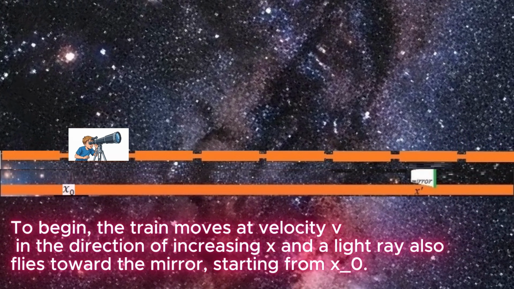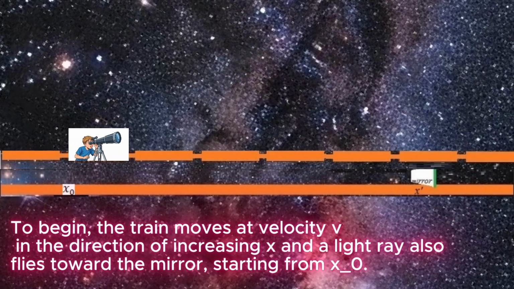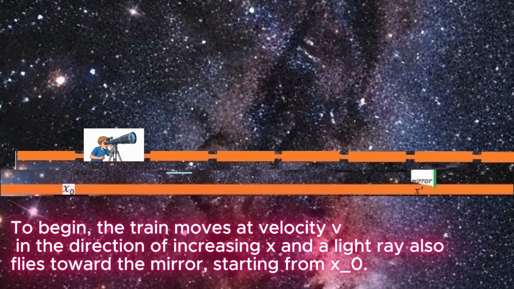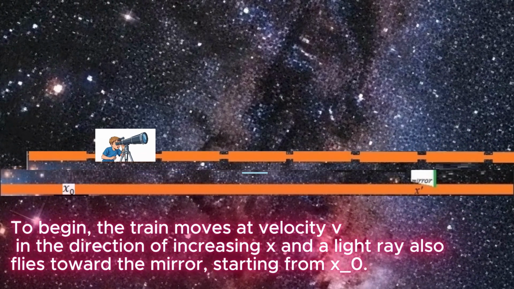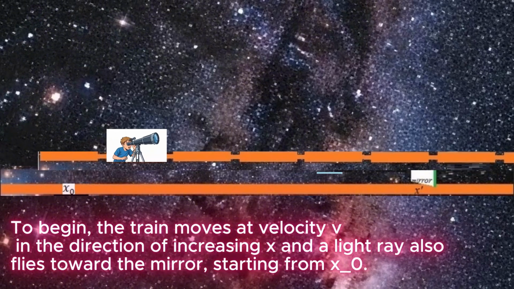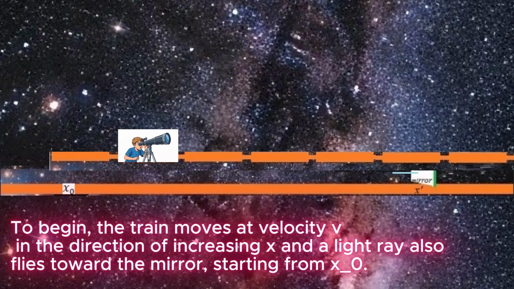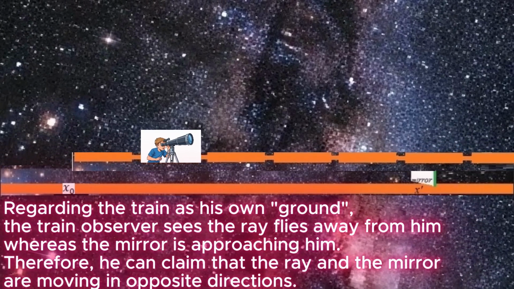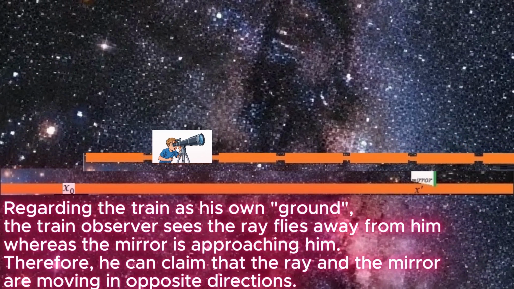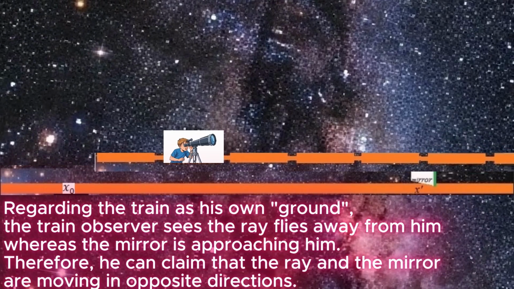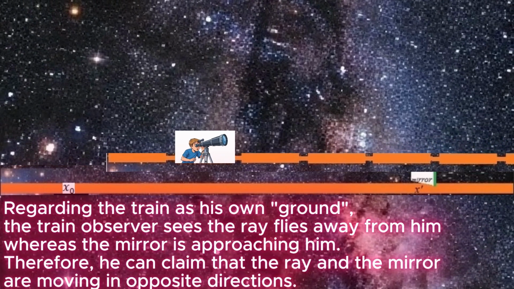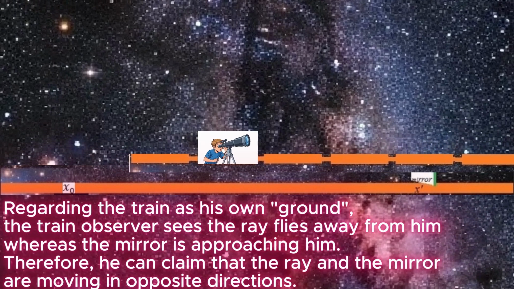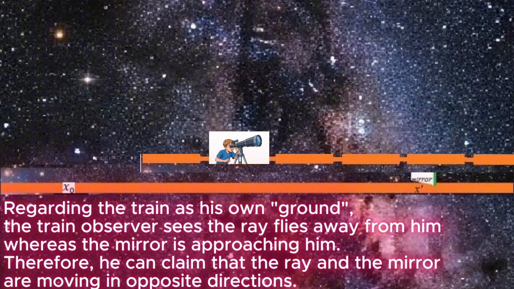To begin, the train moves at velocity v in the direction of increasing x, and a light ray also flies toward the mirror, starting from x0. Regarding the train as his own ground, the train observer sees the ray flies away from him, whereas the mirror is approaching him. Therefore, he can claim that the ray and the mirror are moving in opposite directions.